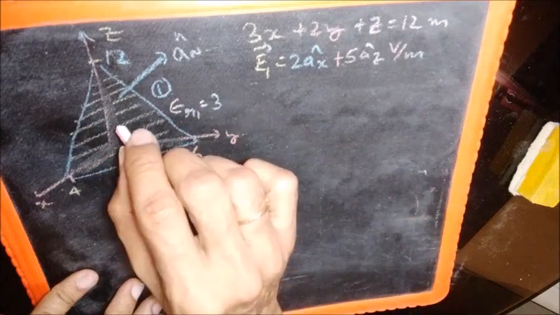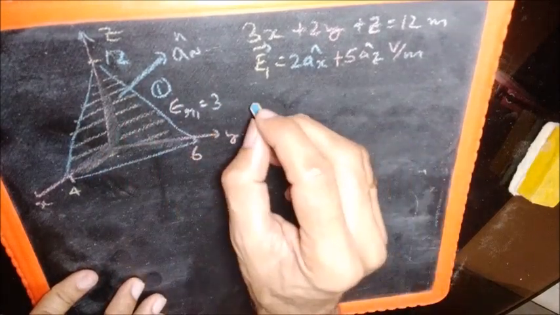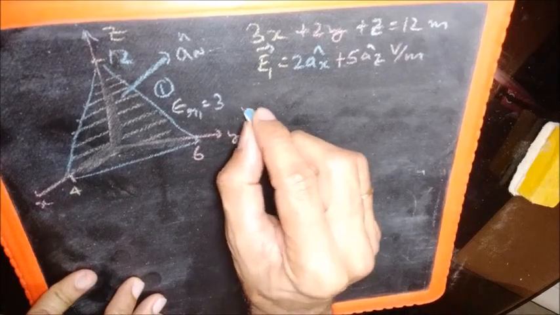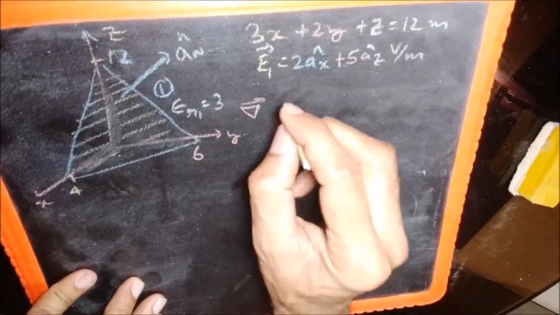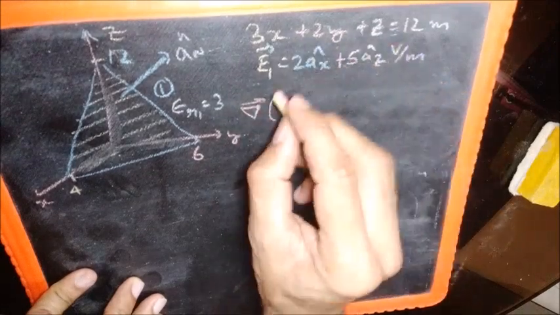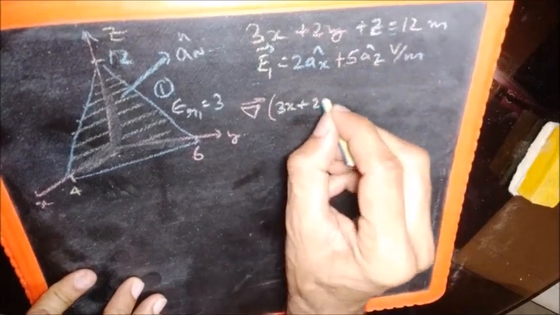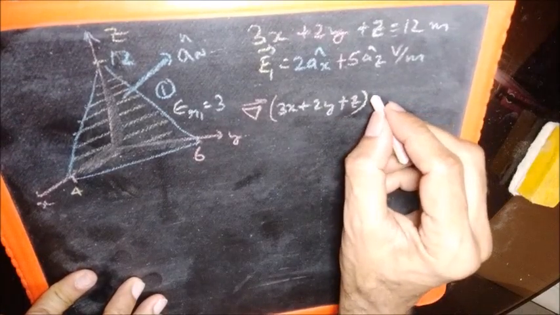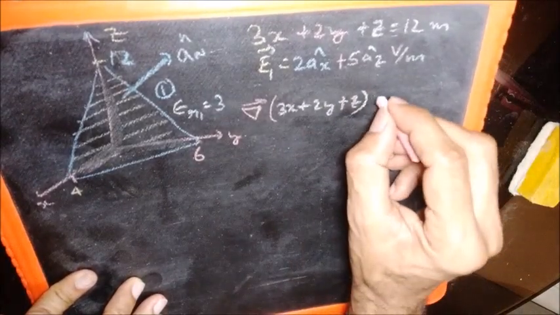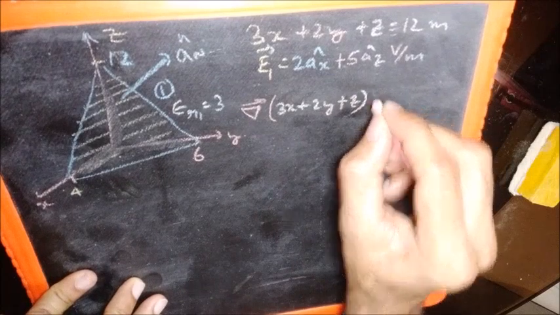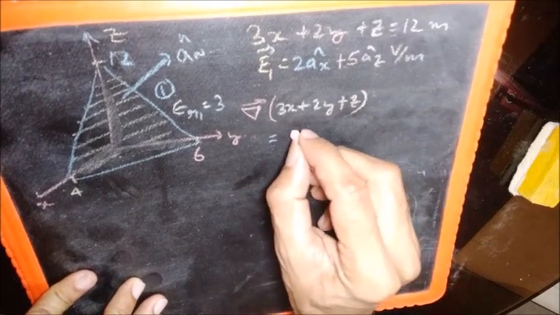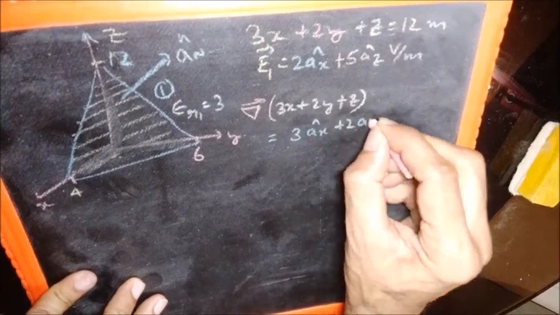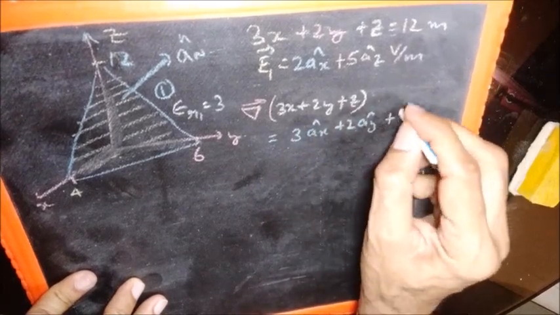So the normal to this interface, many methods are there to find it. I will find the gradient of 3x plus 2y plus z first, and then I will normalize. That will give me the normal. So the gradient of this will be 3ax cap plus 2ay cap plus 1az cap.